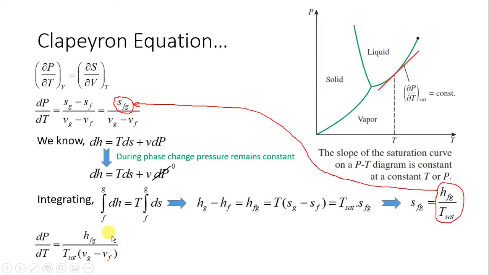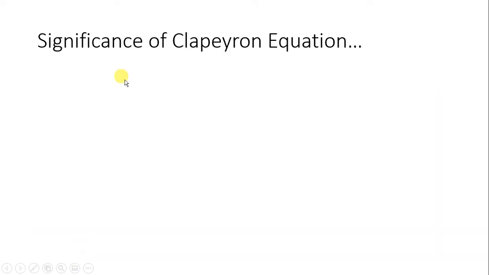This is known as the Clapeyron equation. Now, we have already discussed the significance of this Clapeyron equation: you can calculate enthalpy during phase change. We will see an application of this equation in the next slide. So dP by dT is equal to Hfg upon Tsat times (Vg minus Vf).